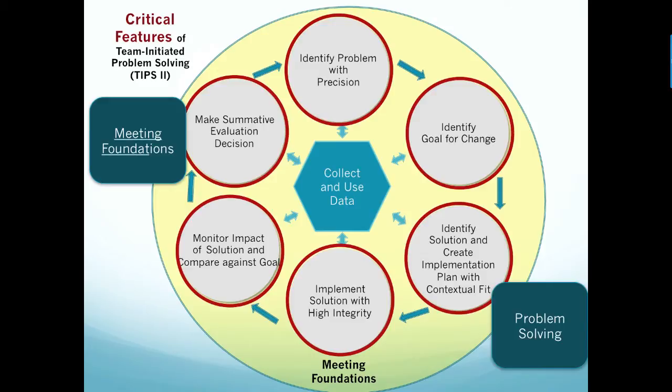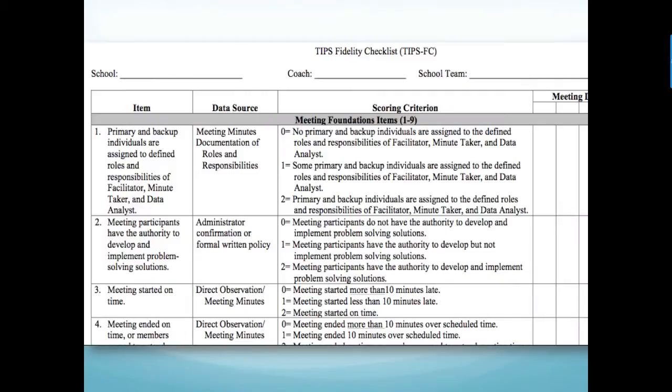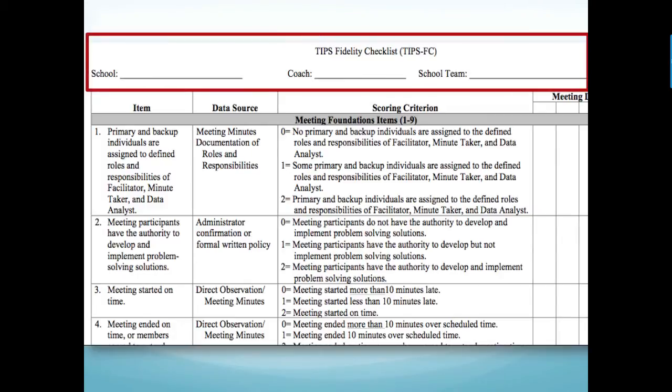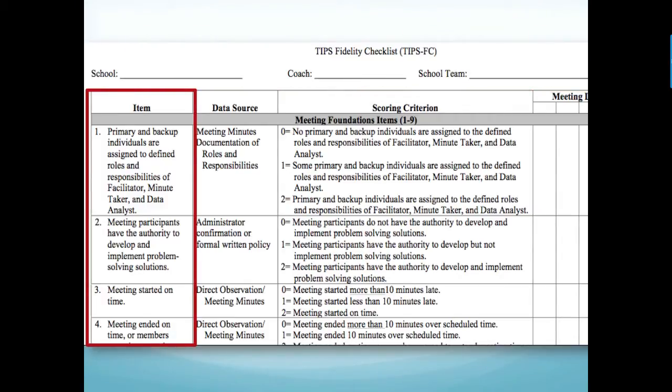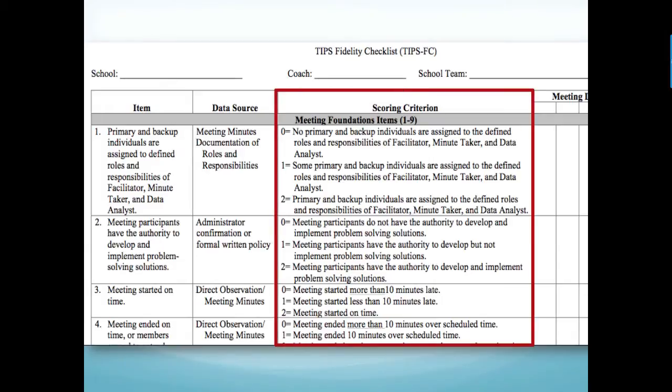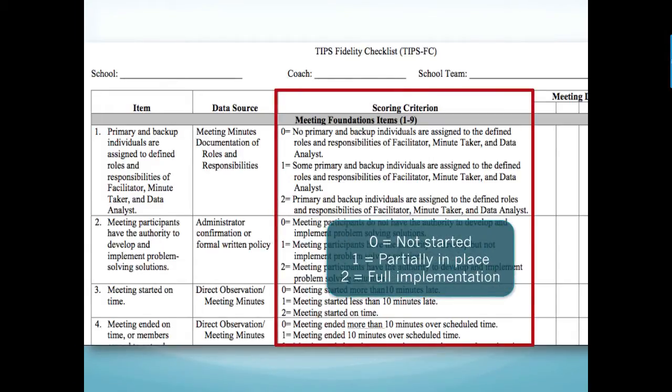Let's take a look first at the items within the Meeting Foundations. Again, here is the Word document of the TIPS FC. We have demographic information across the top. Then we're broken into several columns, with first our items, data sources we can use to document our responses, and scoring criteria, again rated from a 0 to 1 or 2, with 0 pretty much reflecting processes or behaviors that have not quite started yet.